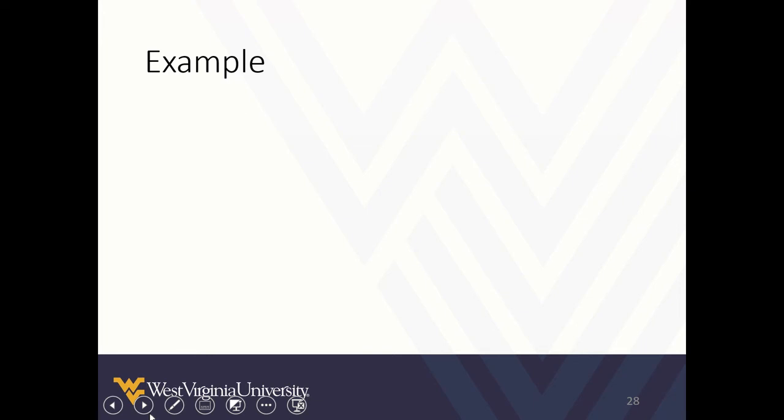Taking a look at our example, we have that X follows the normal distribution with a mean of 11.4 and a standard deviation of 2.7. And we are given that we have a sample size of 81. And we are asked to find the probability that our sample mean is less than 12 minutes.